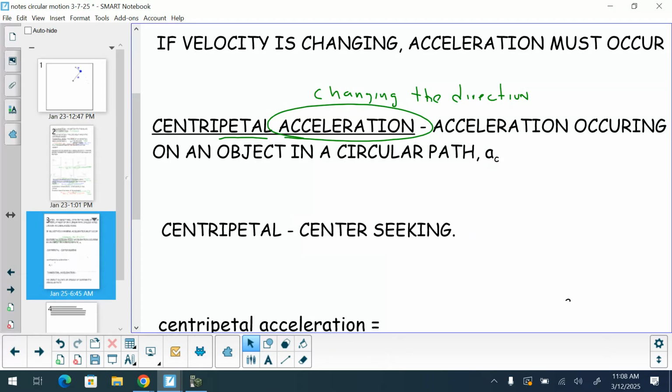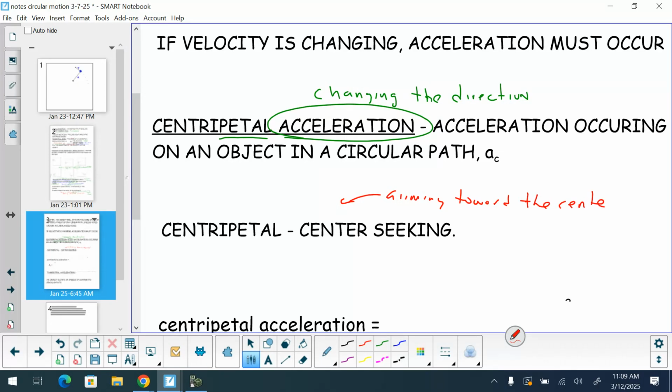You're geared towards and aiming towards the center of rotation or the axis of rotation. You're going towards and aiming towards that center of rotation or that axis of rotation that you're moving about.